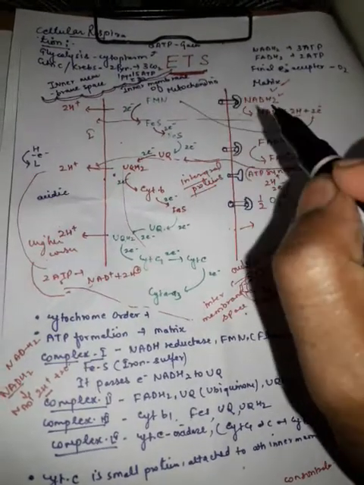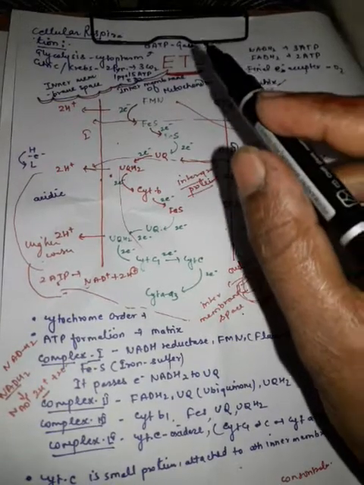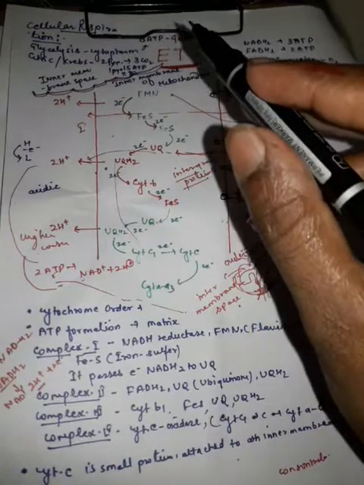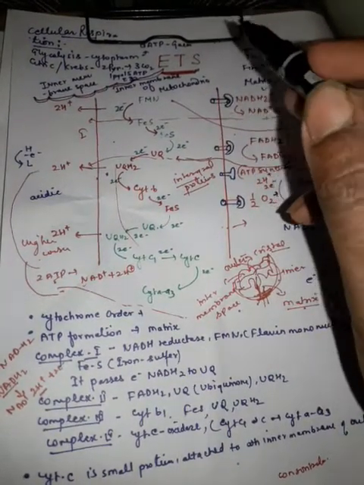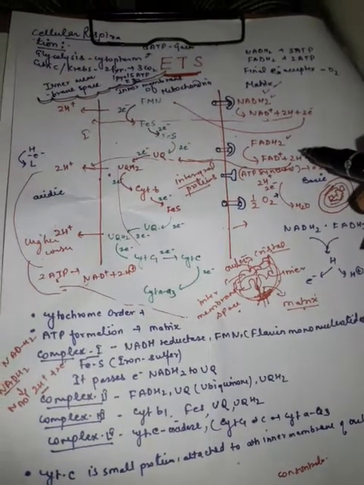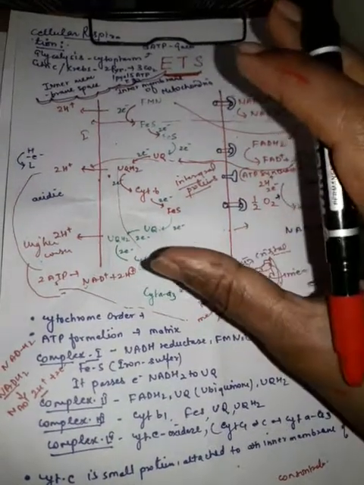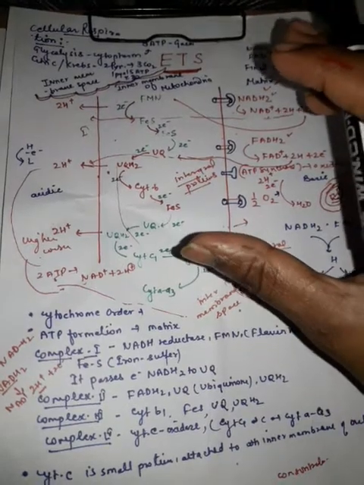So these total 38 molecules of ATP are formed in glycolysis as well as the citric and Krebs cycle, and these ATP are involved here for capturing the NADH2 and FADH2 to throw them to the matrix of the mitochondria. So you should remember that point.